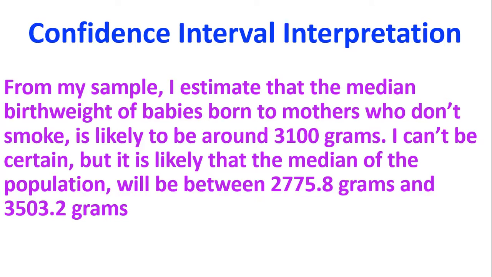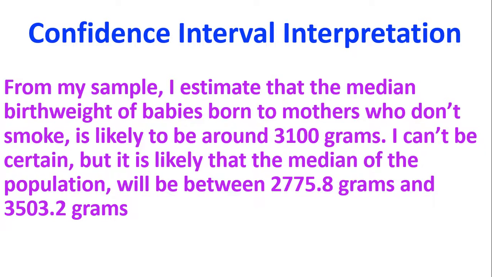But then we go on and we talk about the range of values that it could be. So we could say I can't be certain because in stats you're never certain. We don't have the population, so we don't know for sure. But from our sample, we know it's likely that the median of that population is going to be somewhere between 2,775.8 grams and 3,503.2 grams.